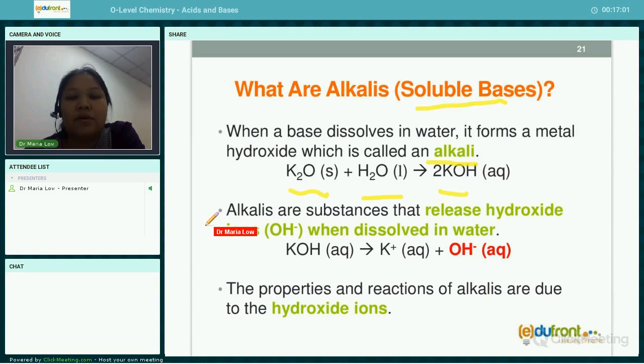Next thing to take note of is that alkalis are substances that release hydroxide ions when dissolved in water. So in this case, I have potassium hydroxide. When it dissociates in water, it forms K+ ions, which are the potassium ions in water. It also forms hydroxide ions, which are OH- ions in water. And the properties and reactions of alkalis are due to the hydroxide ions.